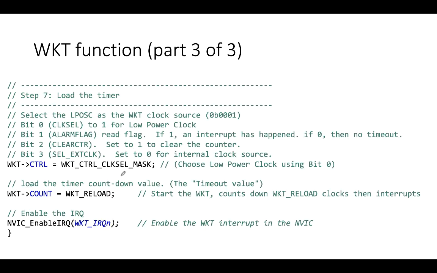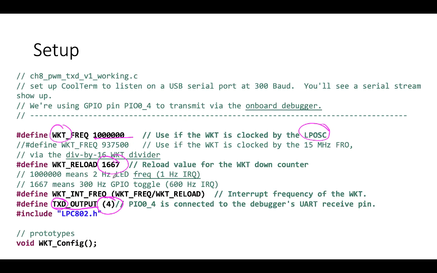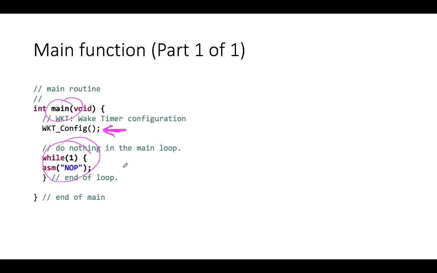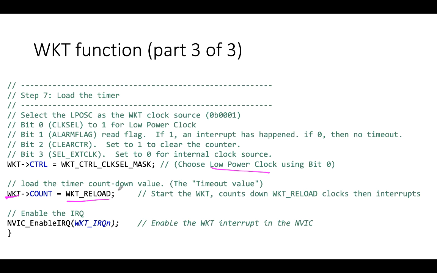We are going to select the low power oscillator for its clock. Okay, and then we're going to load the counter inside of the wake up timer with the reload value, which was 1667. Okay, and then we re-enable interrupt requests.